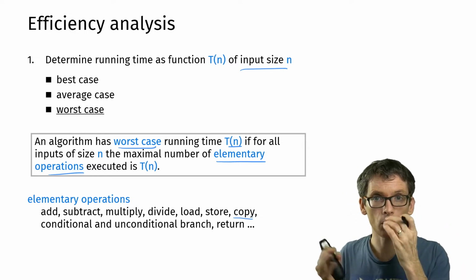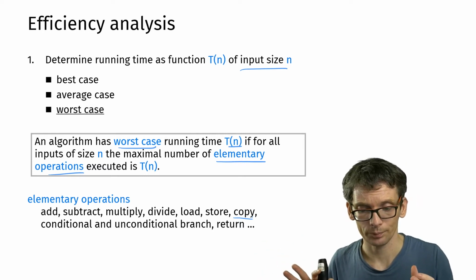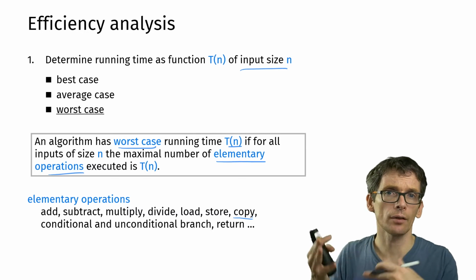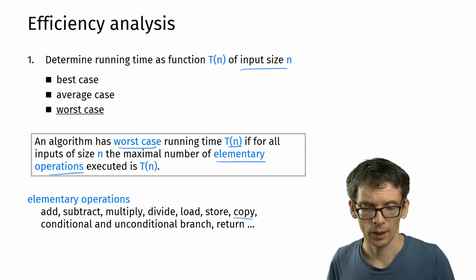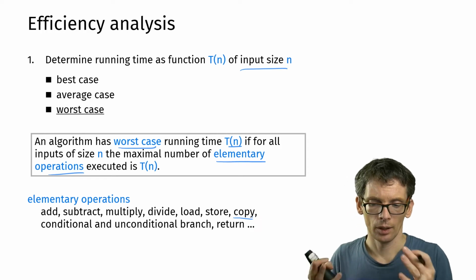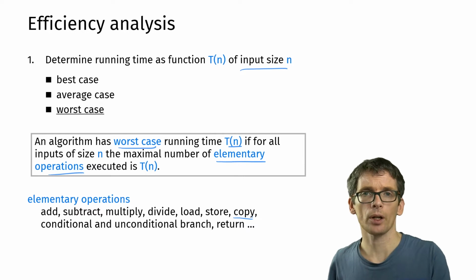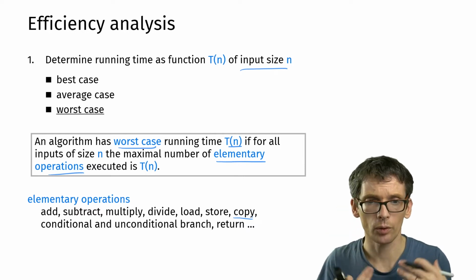Obviously, if I copy a whole array, that is a different story. That takes longer. Also checking an if condition, if in the if condition I'm just testing an elementary operation, constant time. So these are elementary operations, and that's what we're going to count to measure time.